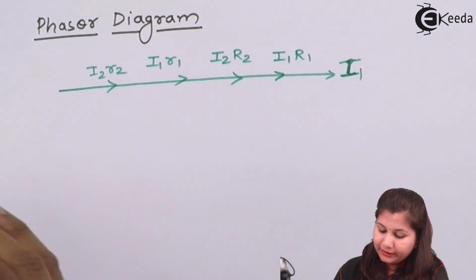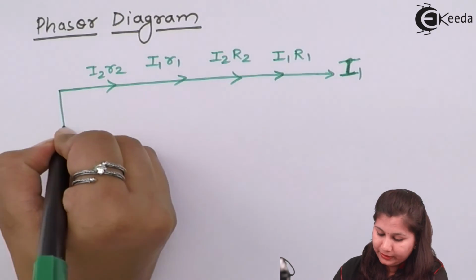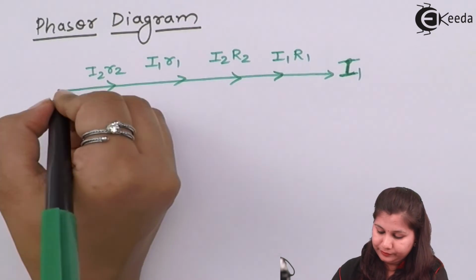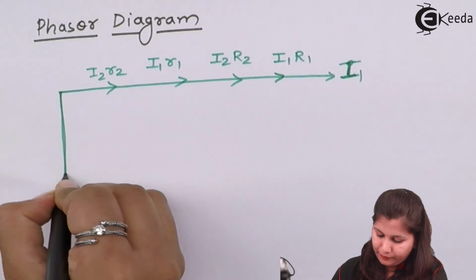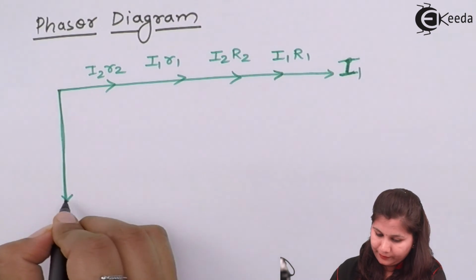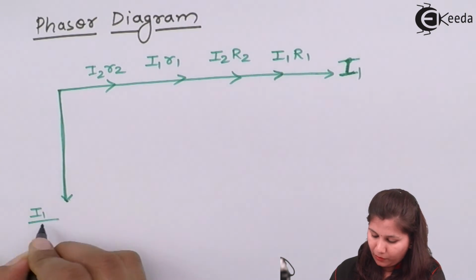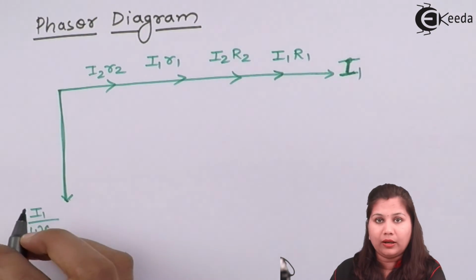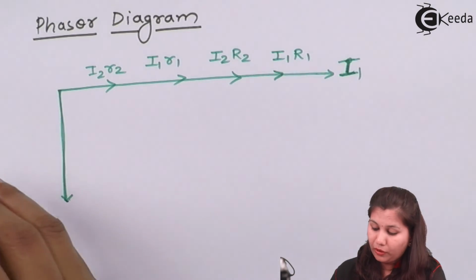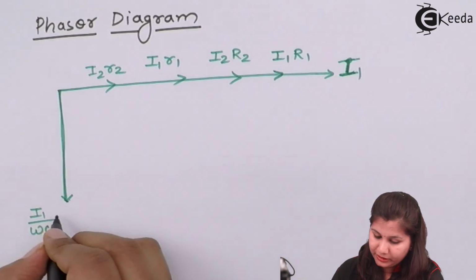Now for the capacitor, it will lag behind it by 90 degrees. That is I1 upon omega C1. Okay, and I2 upon omega C2 will also be this.